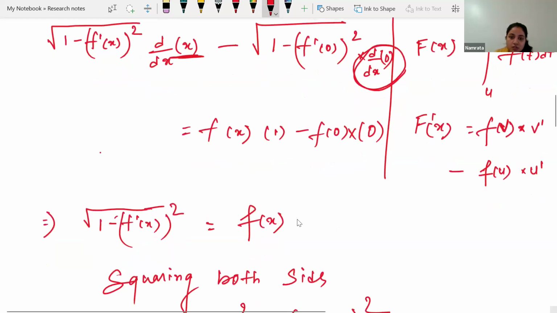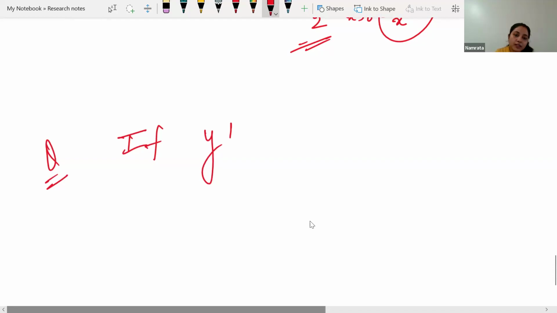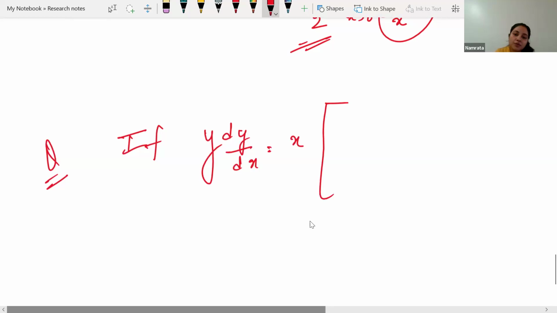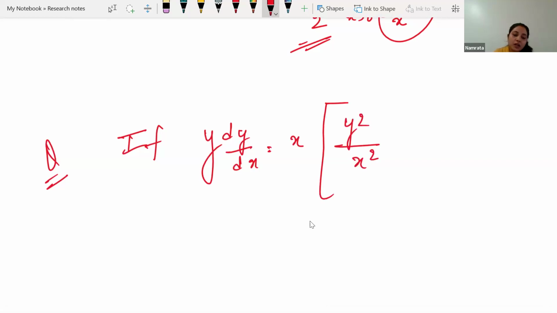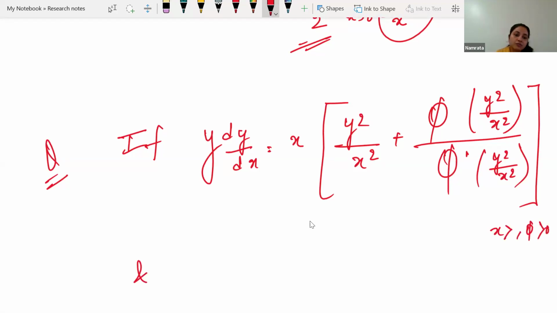Now the next question is: suppose we have y dy/dx is equal to x y square by x square plus phi of y square by x square over phi dash of y square over x square, with x greater than 0, phi greater than 0, and y(1) is equal to -1.